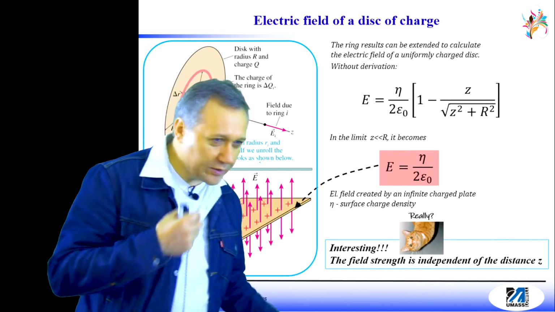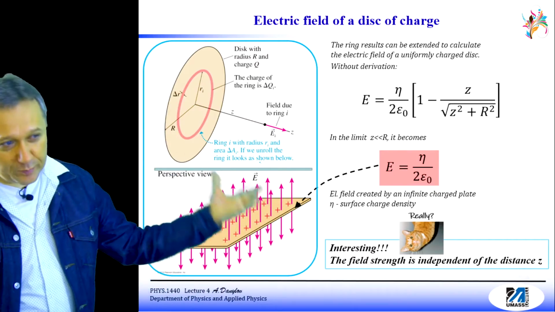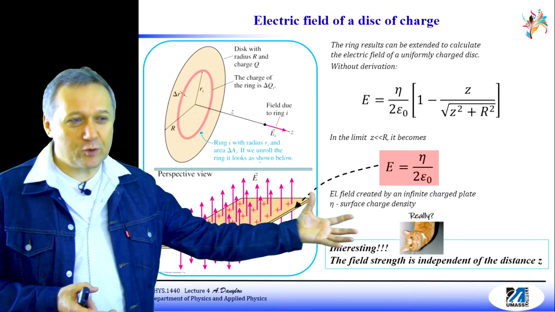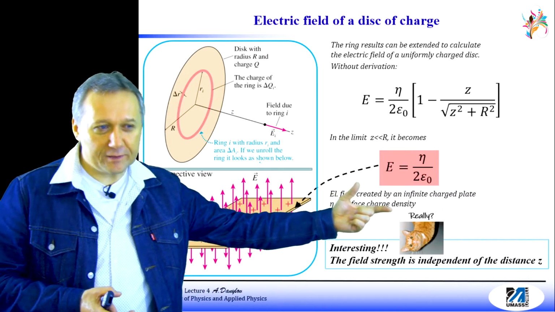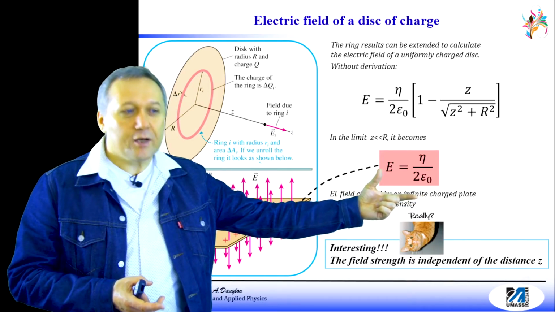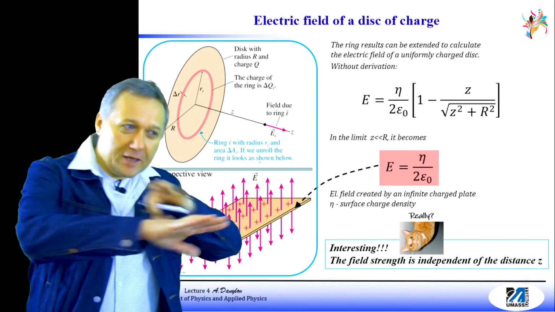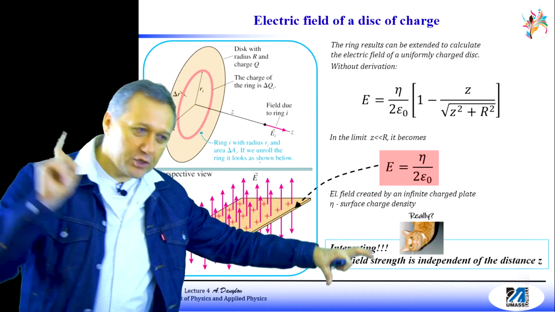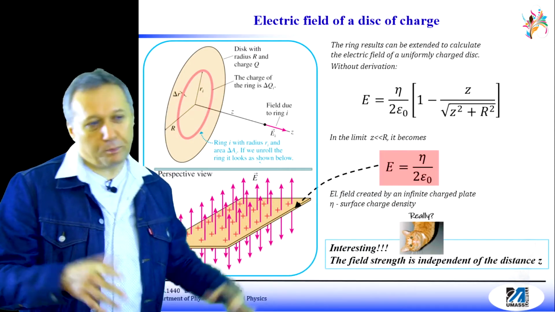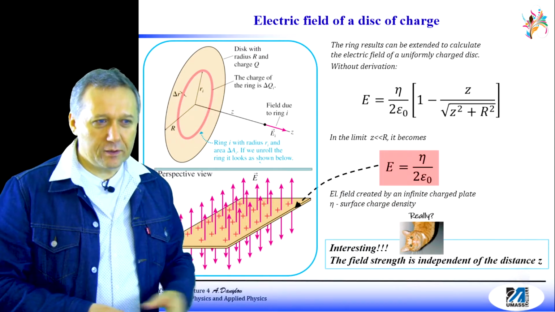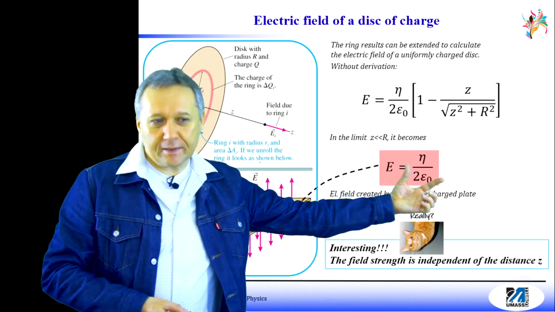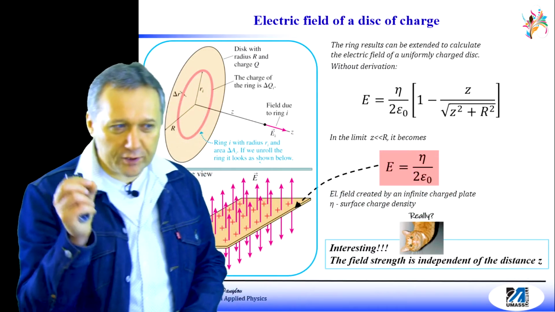We introduced the expression which allows us to find the electric field strength created by an infinitely large charged plate or plane or surface, right? So E equals eta over 2 epsilon naught. Eta is the surface charge density.